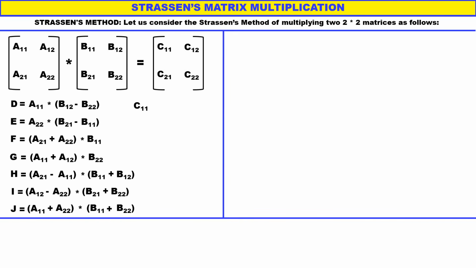How? C11 is nothing but E plus I plus J minus G. That is the formula for C11.